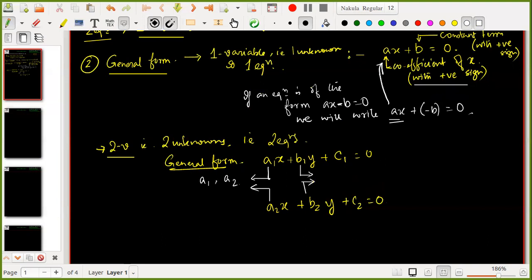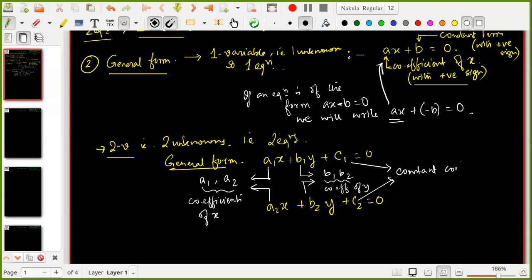A1, A2 and B1, B2 are the coefficients of x and y respectively. And these C1 and C2 are the constant terms or the constant coefficients or the constants.